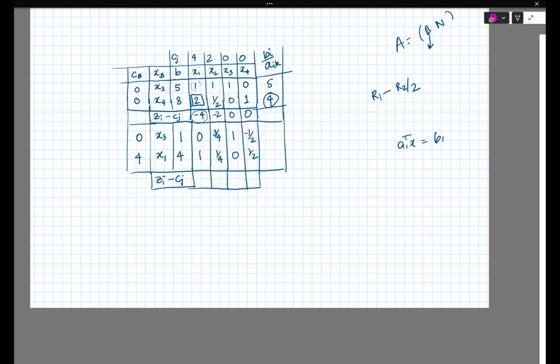So if you see, again x1 and x3 are our basic variables, and they are forming an identity matrix. Okay, that's why we made this one and this 0. If I had done r1 minus r1, that also would have made this 0, but then you lose this, and that constraint will vanish in some sense.